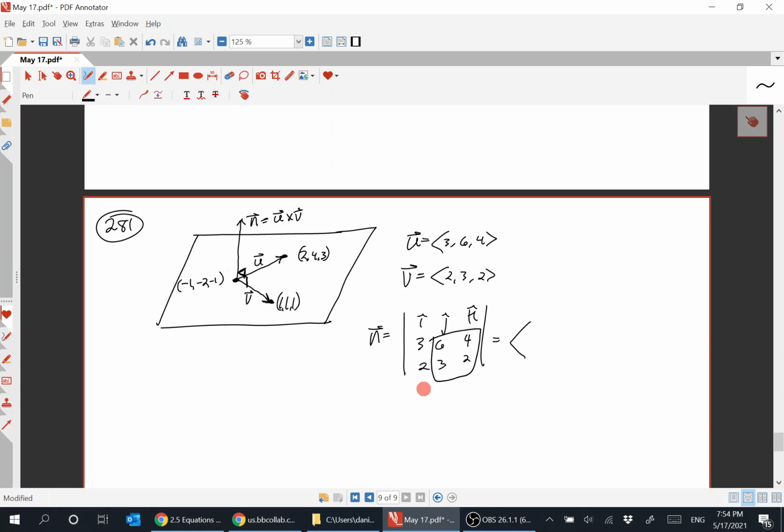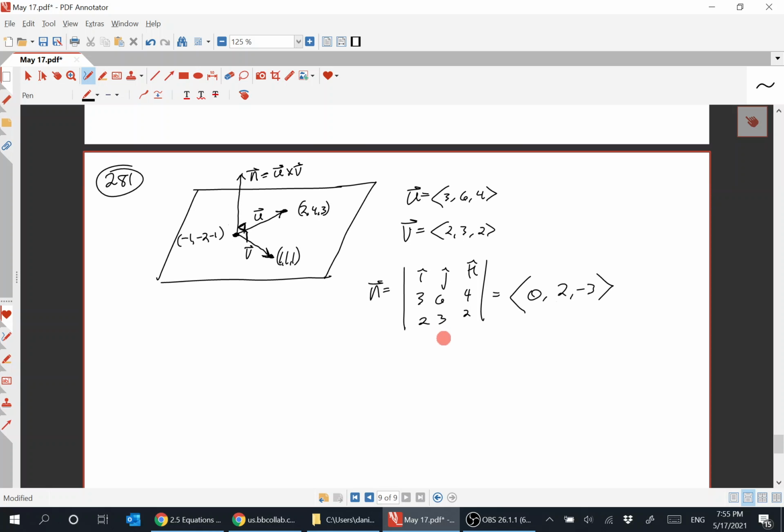Now, the first one is this 2 by 2 determinant: 12 minus 12, 0. And then this 2 by 2 determinant, 6 minus 8 is minus 2, negated. And then this 2 by 2 determinant, 9 minus 12, is minus 3. So that would be a normal vector.